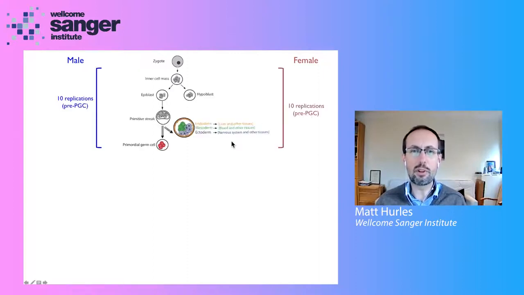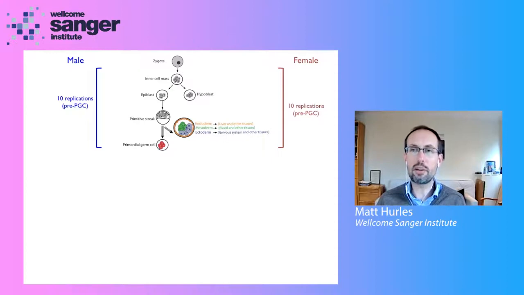So both men and women, as they developed and cells divided, at the end of 10 replications or so, a particular key cell type called the primordial germ cell is developed. And that's key because those cells contain the DNA that gets passed on to the next generation.